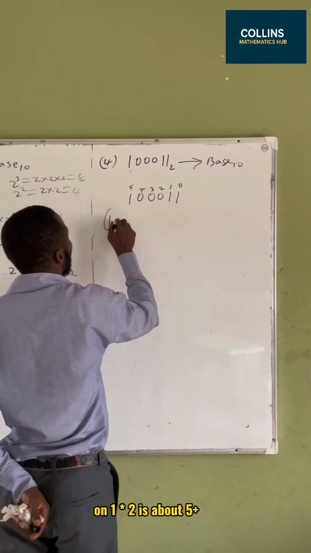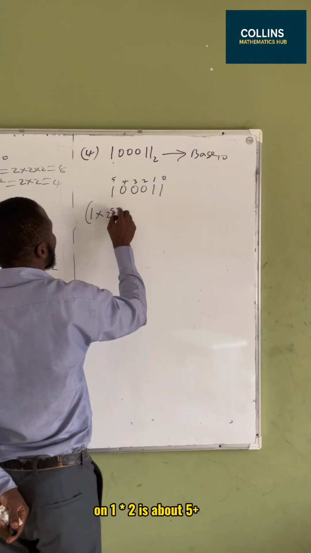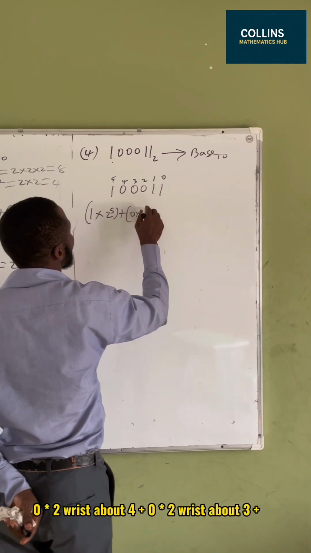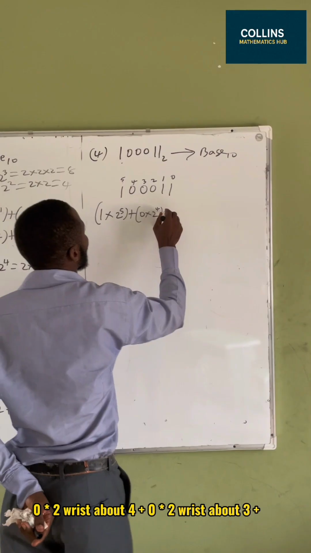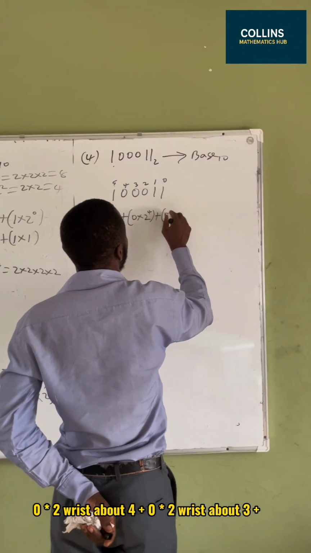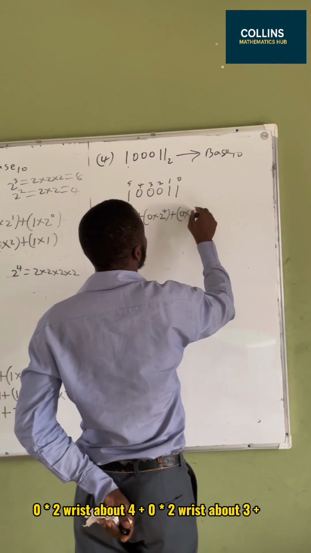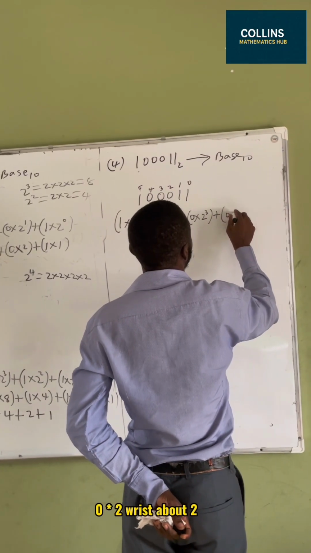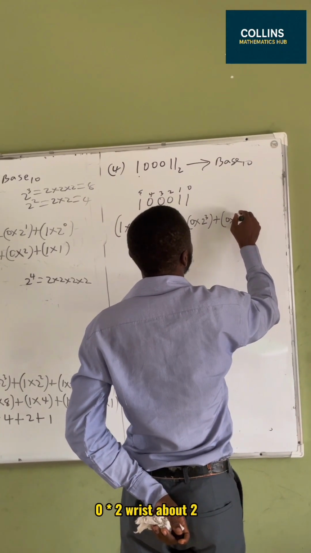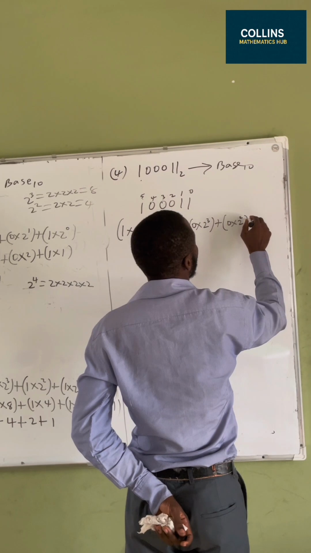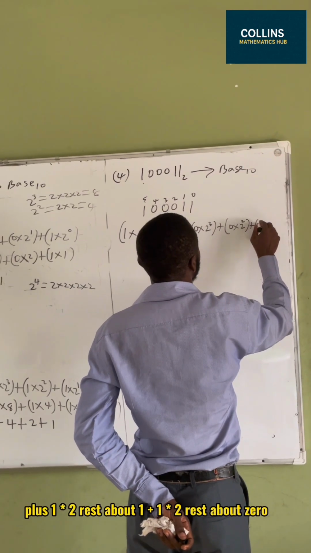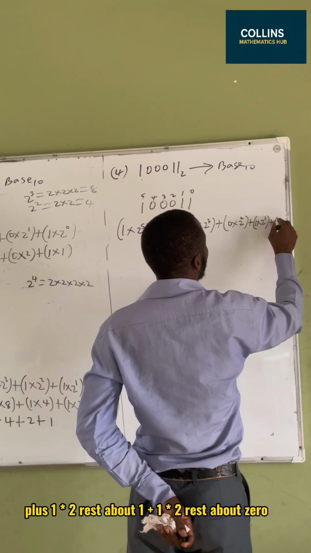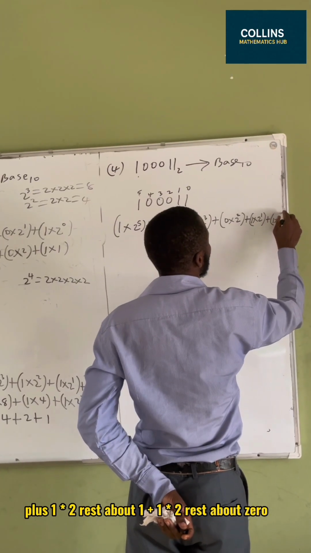The first one, 1 times 2 raised to power 5, plus 0 times 2 raised to power 4, plus 0 times 2 raised to power 3, plus 0 times 2 raised to power 2, plus 1 times 2 raised to power 1, plus 1 times 2 raised to power 0.